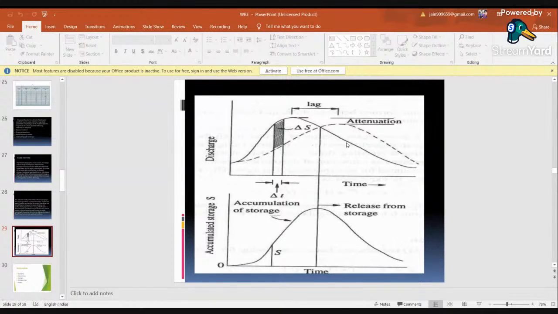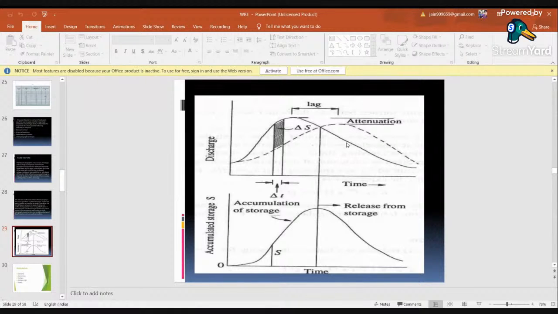So just to avoid it, we have to look at the hydrographs of the inflow of the water, and that attenuated inflow water is termed as a flood routing method. The routing methods are the kinematic wave method, the dynamic method, and the Muskingum method.